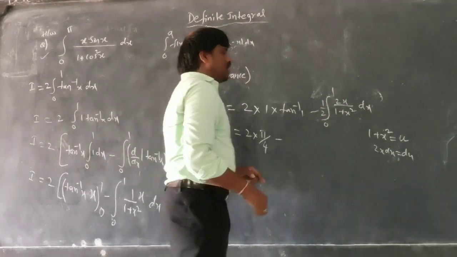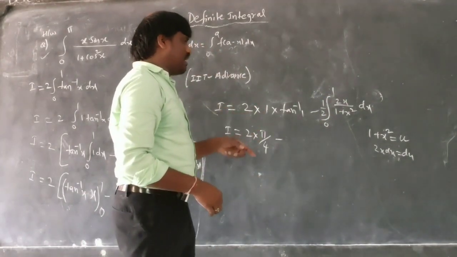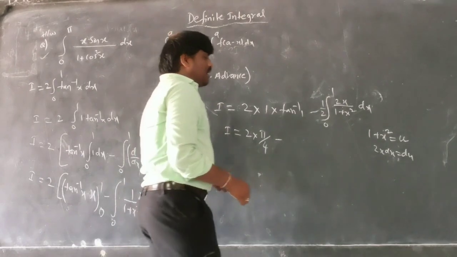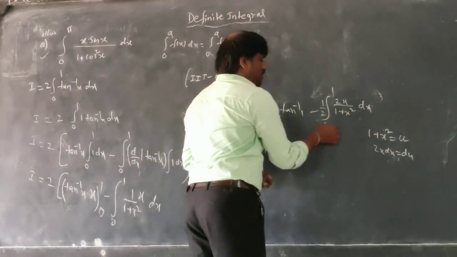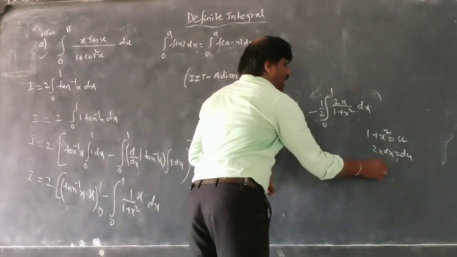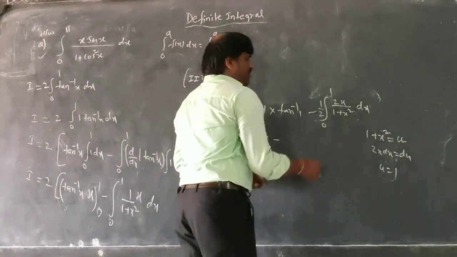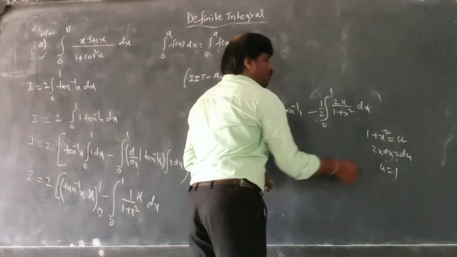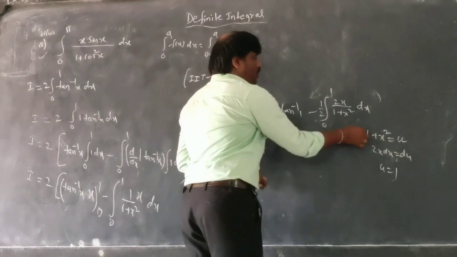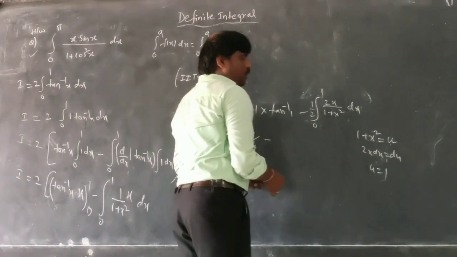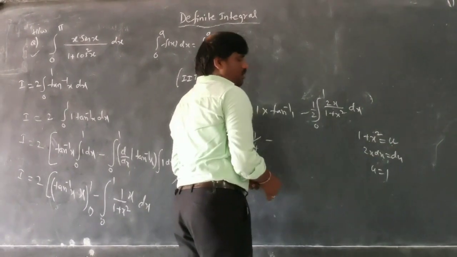So when I have 0 to 1, if I keep 0 in this, I get u1, and if I keep 1 in this, I get u2. I have to change this because I am assuming 1 plus x square is u, that is 2x dx is equal to du.